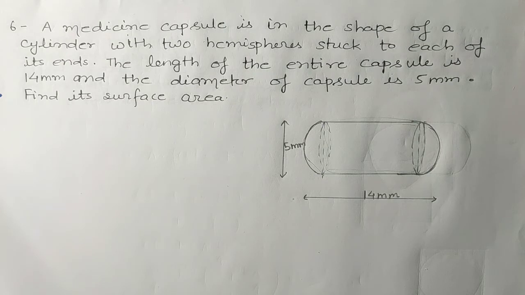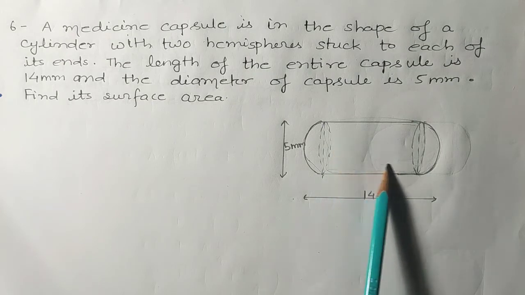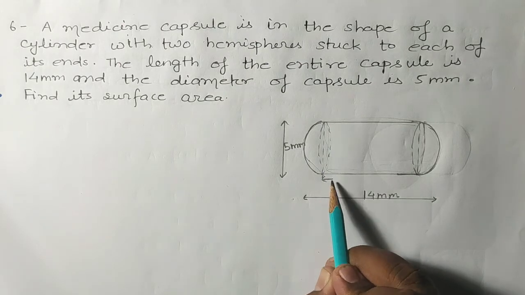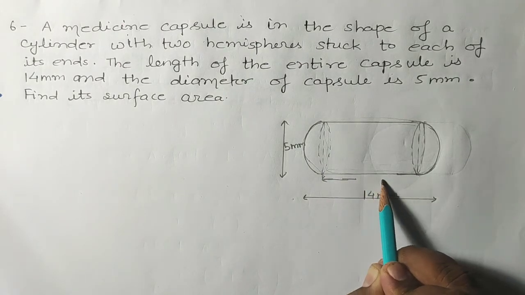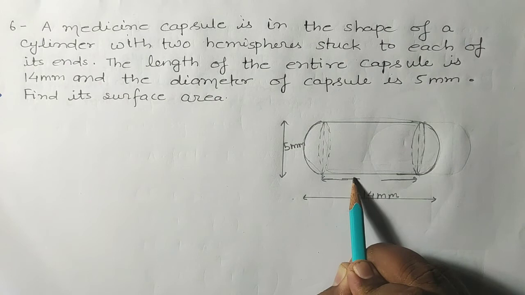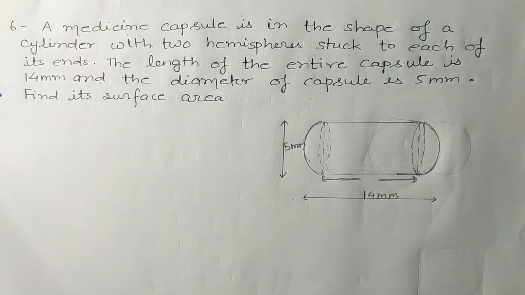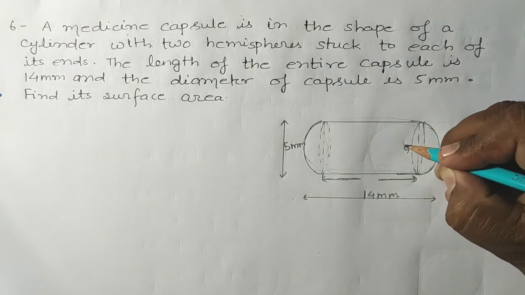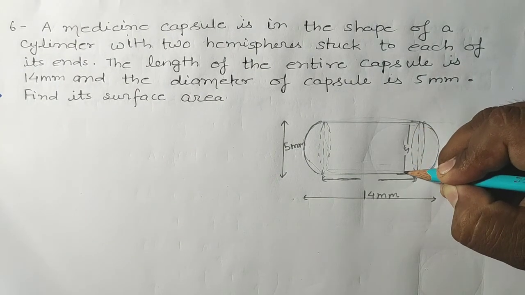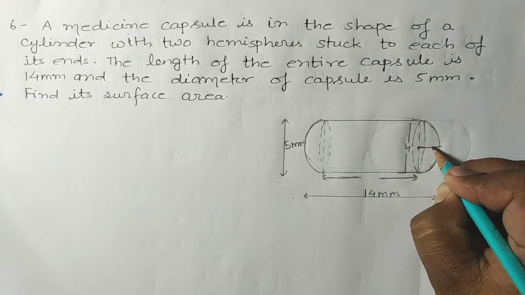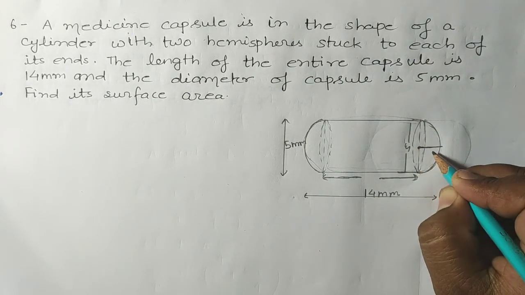To find the curved surface area of this cylindrical portion, we should have only the length of this portion. So how will we calculate the length of this portion only? For that, students, we have to see this total is 5 millimeter. Means its radius will be what? This is the radius of this hemispherical portion.